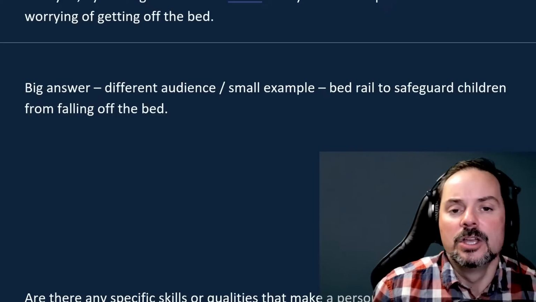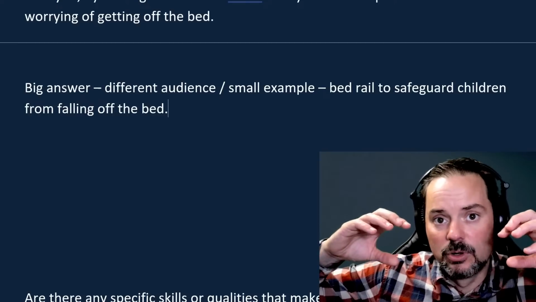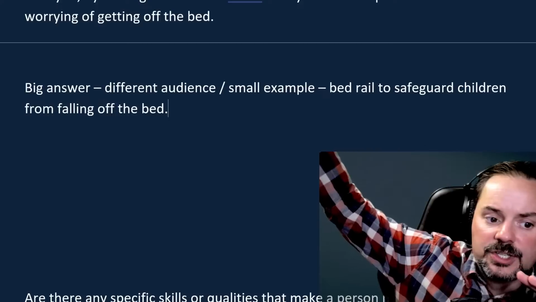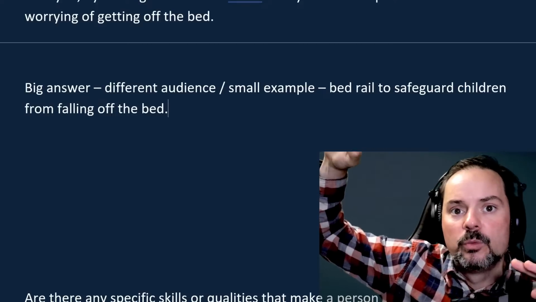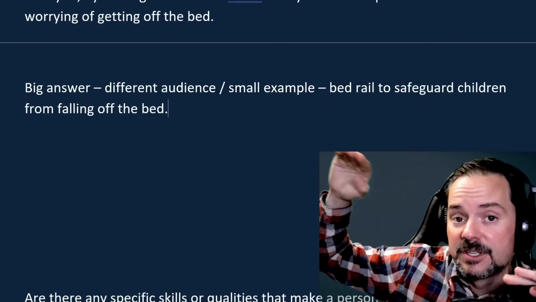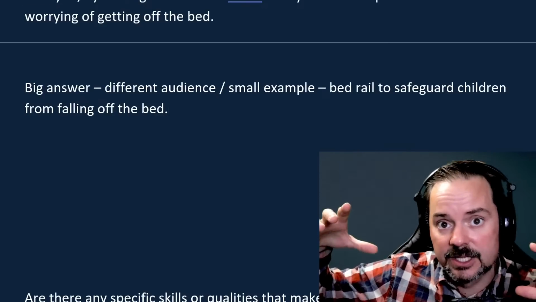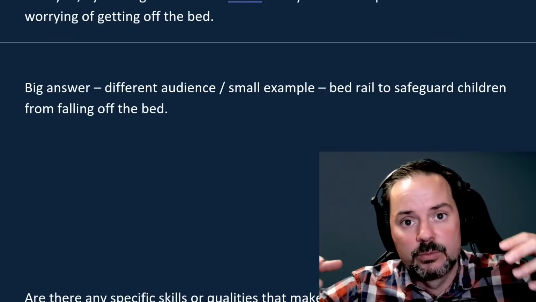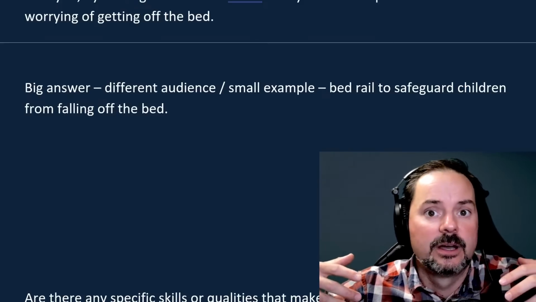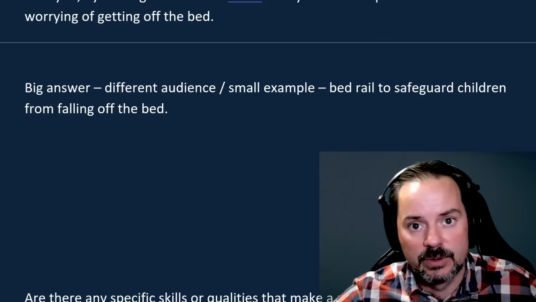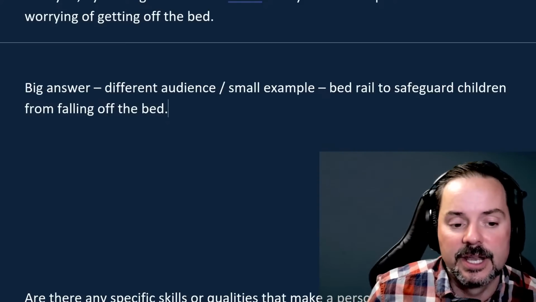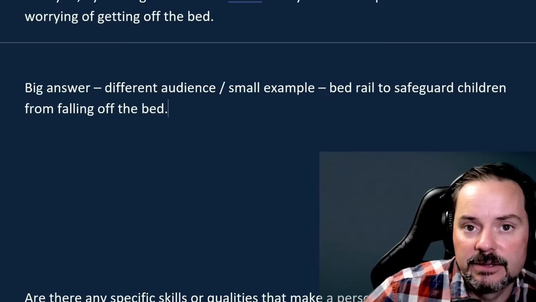So when you think of a small example, you can think towards the big answer, right? At home, we think about the emotional and physical well-being of our family members. So our creative ideas are generated with these in mind, like a bed that has safety rails on it, right? And at work, it's different.